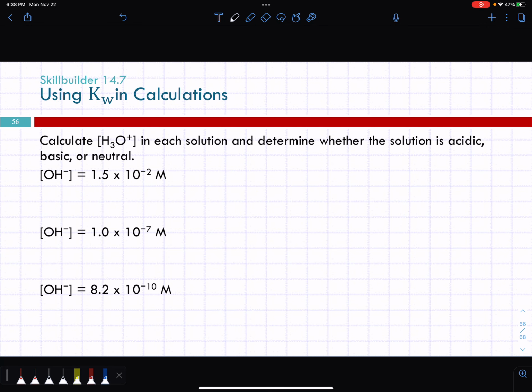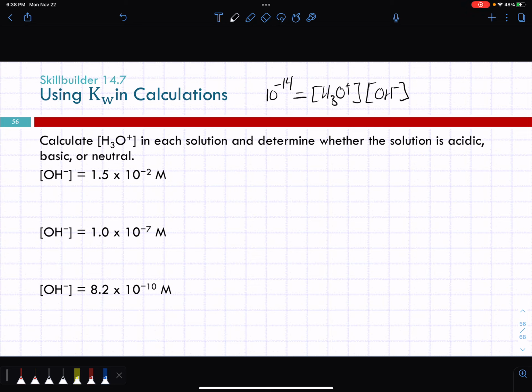So let's calculate the H3O plus concentration in each solution and determine whether the solution is acidic. We're going to use 10 to the minus 14 equals H3O plus times OH minus.